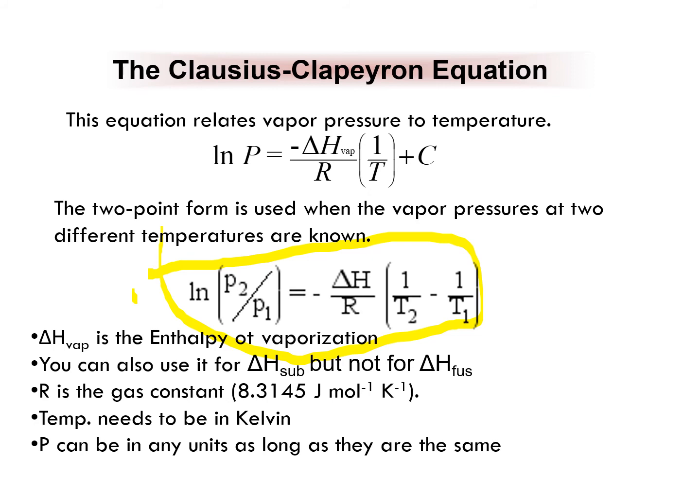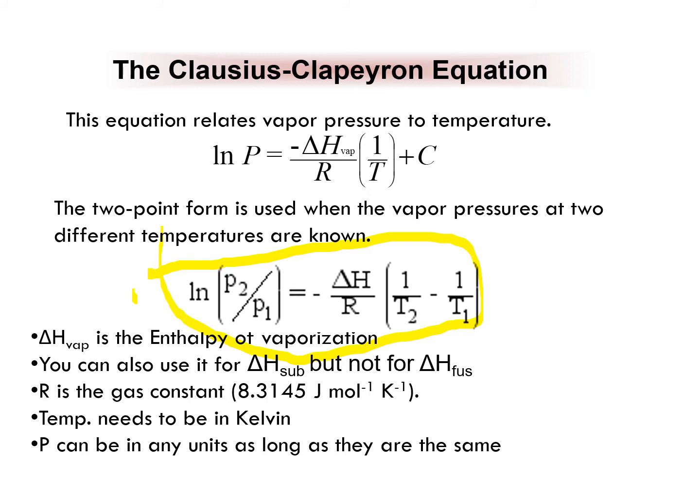Now, you need to be careful with the units. The delta H of vaporization is an energy and is typically in joules. So the value of R is not going to be the 0.0821 that you've been using in the gas law, because that would be liter atmosphere per mole Kelvin.